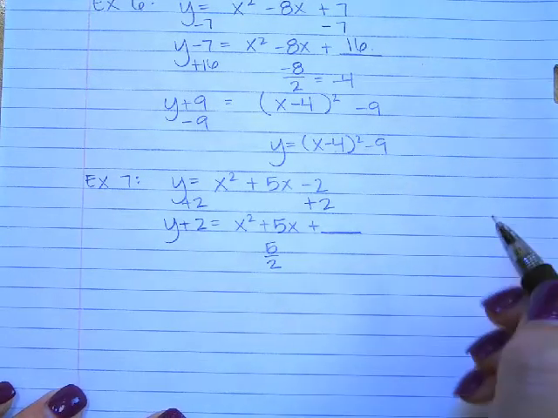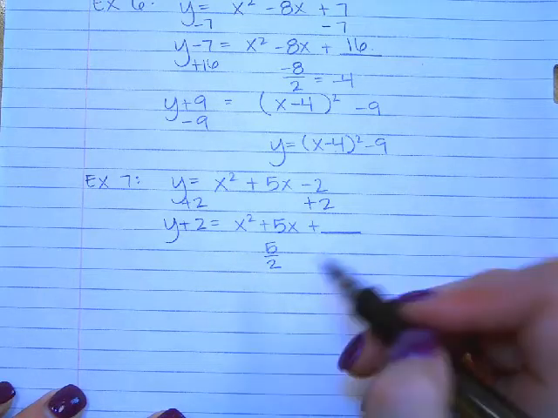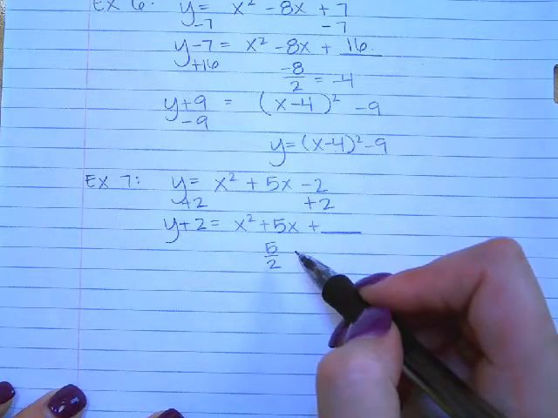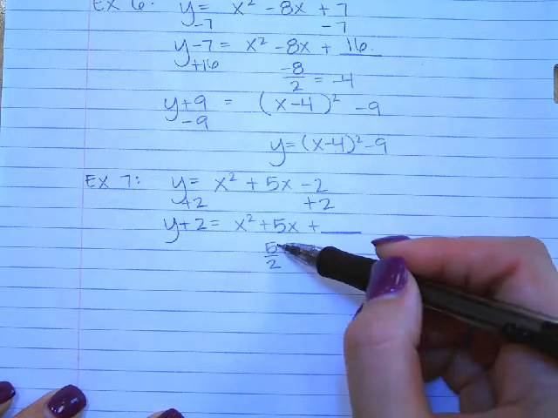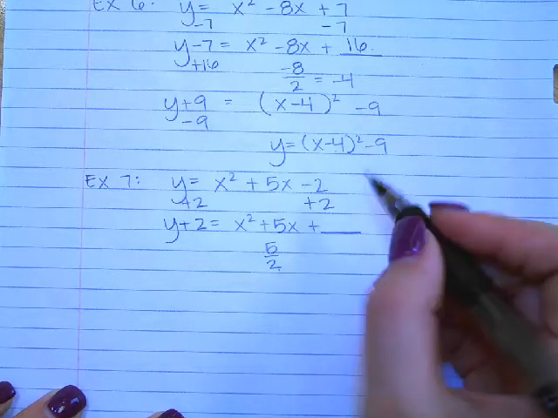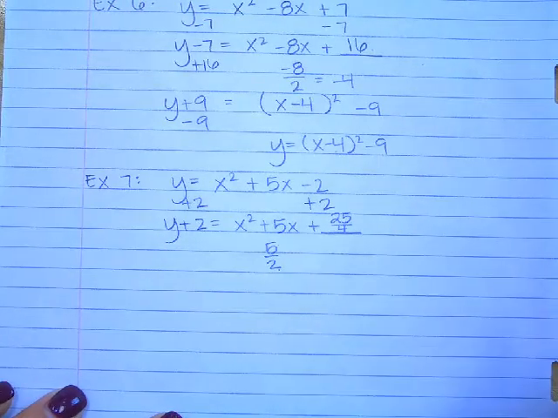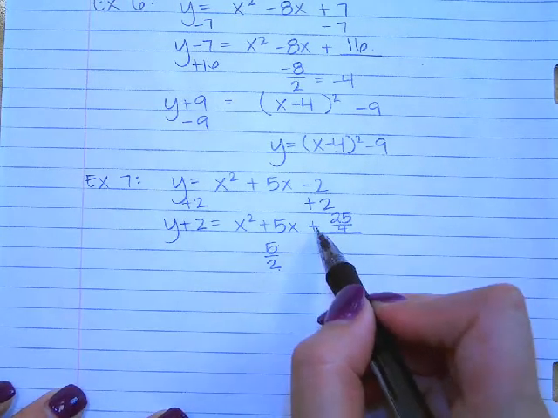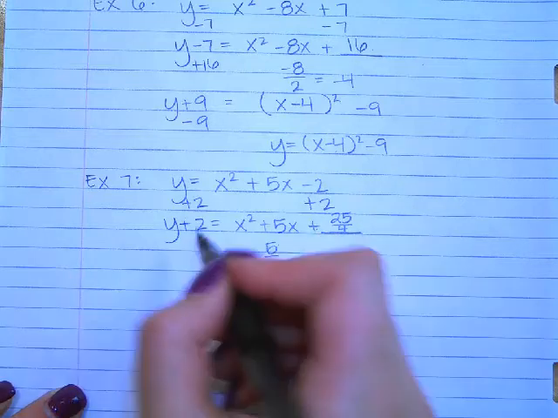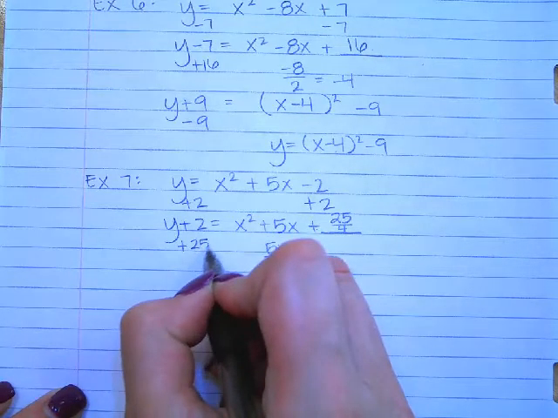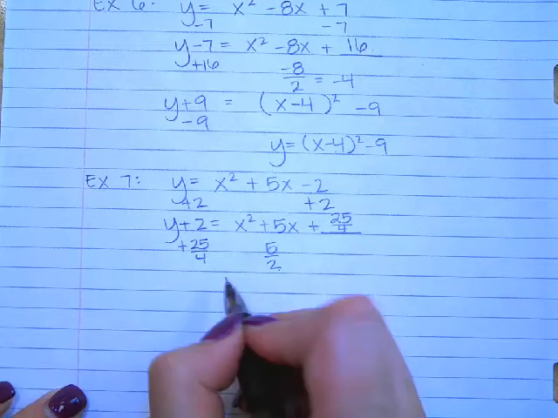But this time I'm going to leave it as a fraction. So I've got 5 over 2. When I square that, that's going to give me 25 over 4. So since I added 25 over 4 to the right side, I have to add 25 over 4 to the left side.